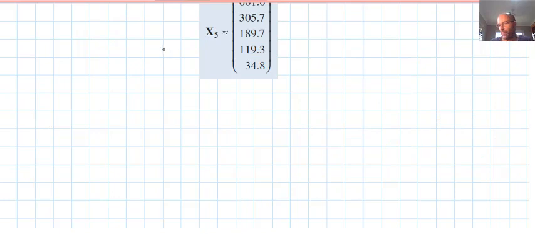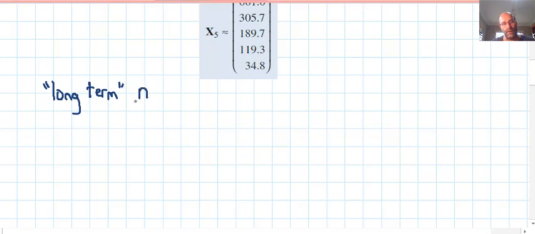Other things we can discover about Leslie matrices is that in the long term, and there's no magic formula about what long term means, but after many cycles, big values of n, for example, in a certain situation it might be something above 20, or in other situations it might need to be a bit bigger.